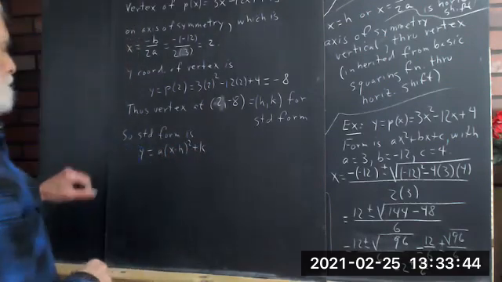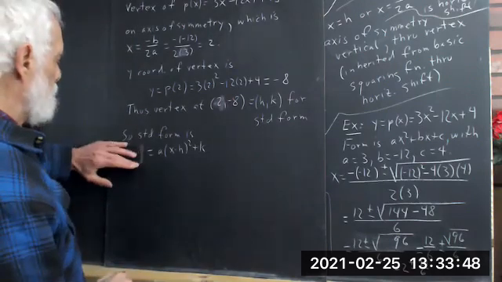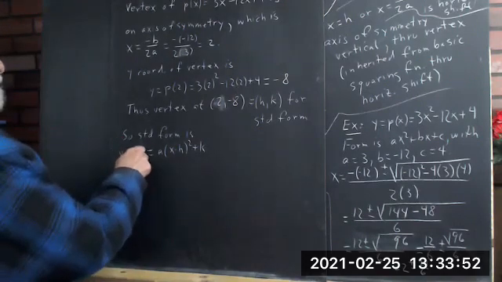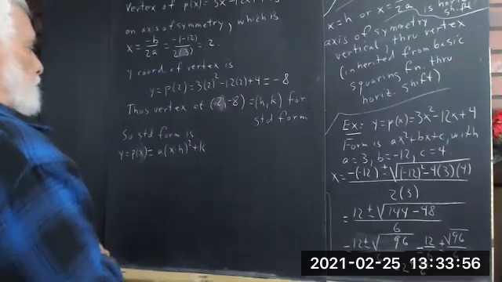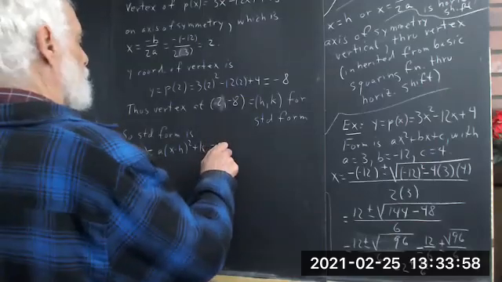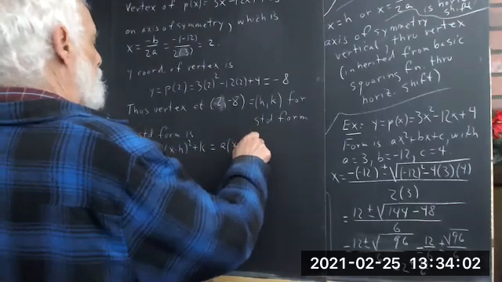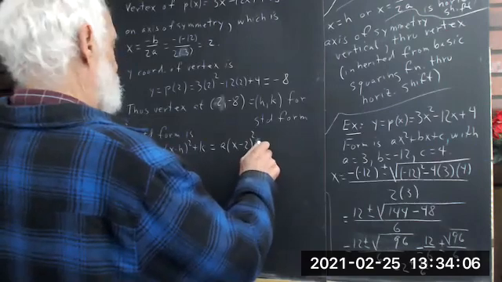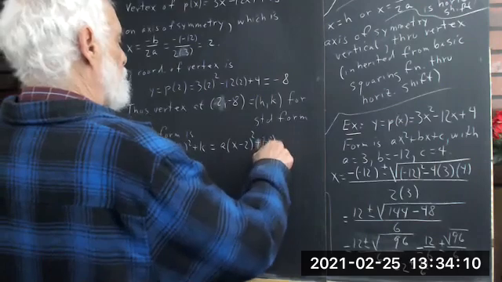So the standard form is, I'm gonna write the P of X in here. This, which equals A times X minus 2 quantity squared. Well, I'll write it plus negative 8.